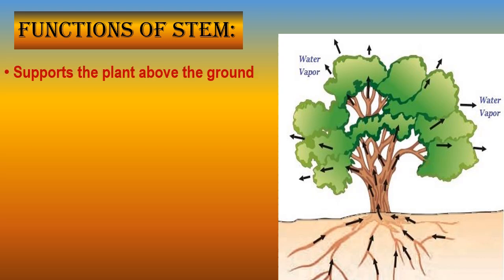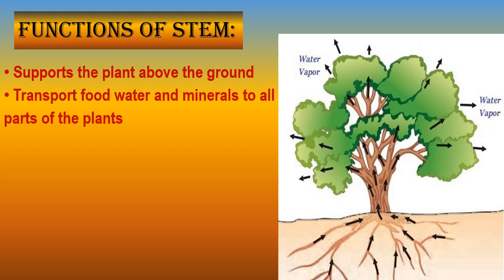The main functions of stem are: it supports the plant above the ground. Like all other parts of the plants including leaves, flowers, fruits, stem supports all the other parts of the plants above the ground. So stem bears and supports leaves, flowers and fruits.